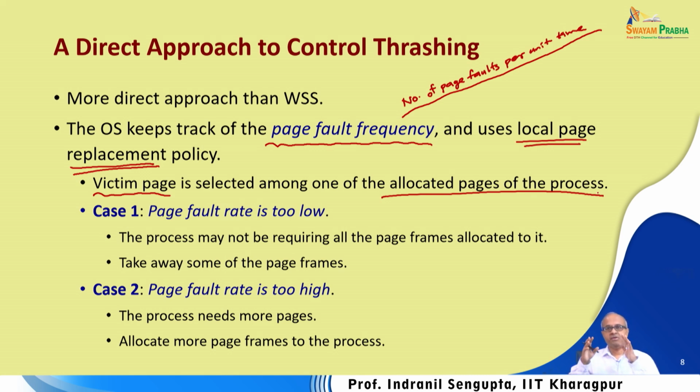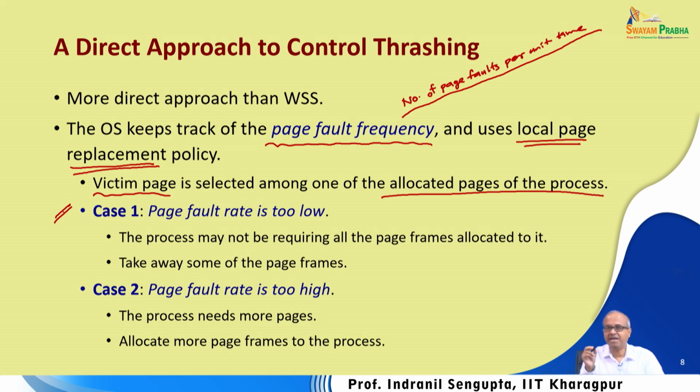Now, the operating system keeps track of the page fault frequency, because every time a page fault occurs, some counter is incremented in memory. Now, there can be two cases. Operating system may see that the page fault rate is too low, which means there is no thrashing.